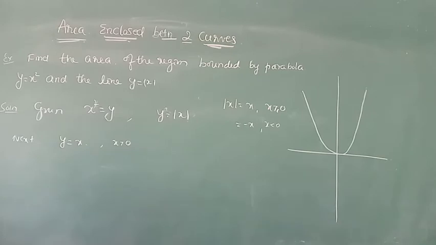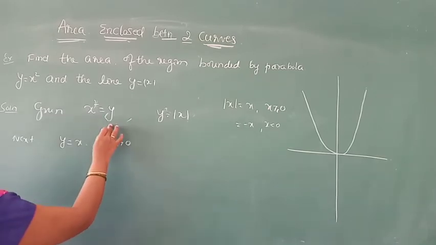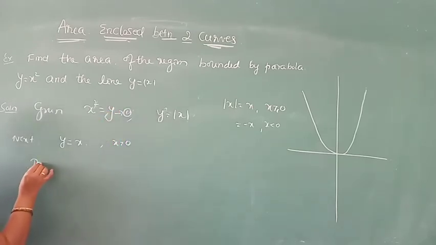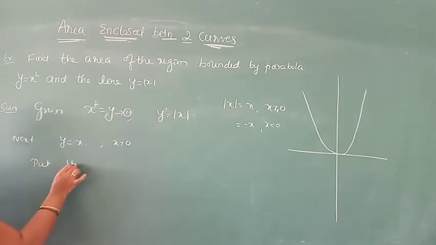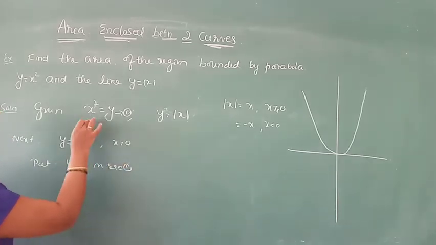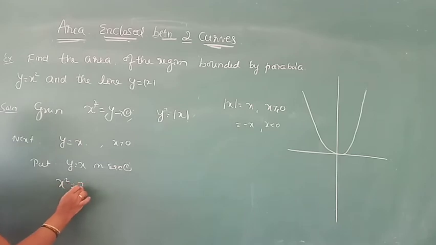Okay. Next, y = x means the condition is x should be greater than 0. Given x² = y, call this equation 1. Put y = x in equation 1. Substitute, we get x² = x. x² - x = 0. Take x common: x(x - 1) = 0. Means either x is 0 or x is 1.